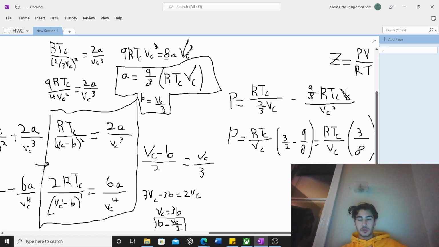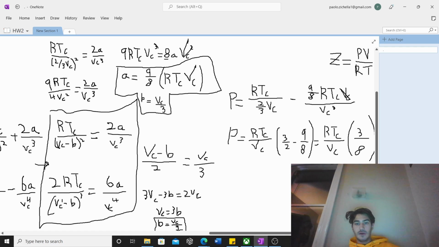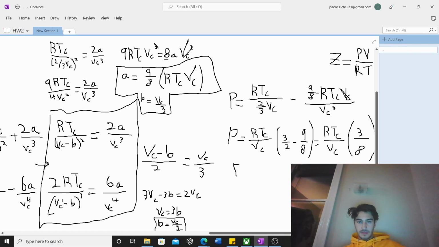If we multiply both sides by the specific volume at the critical point and divide them by constant R and the temperature at the critical point, we would get P times the specific volume at the critical point all over constant R times specific temperature at the critical point is simply equal to 3/8, right?